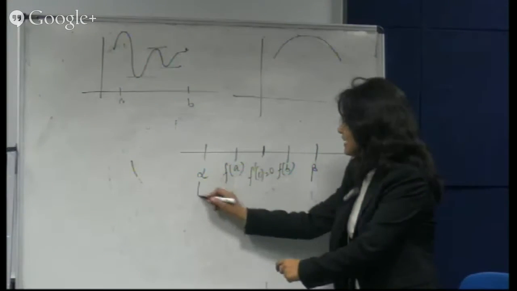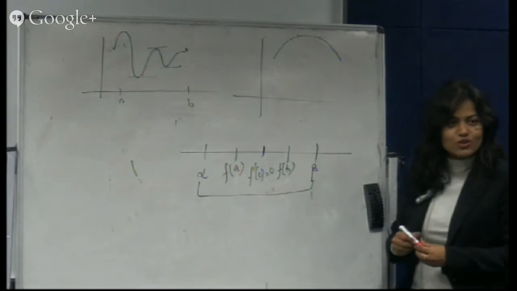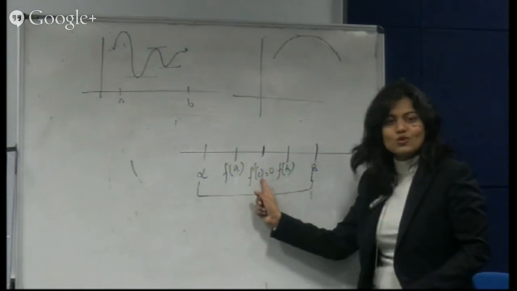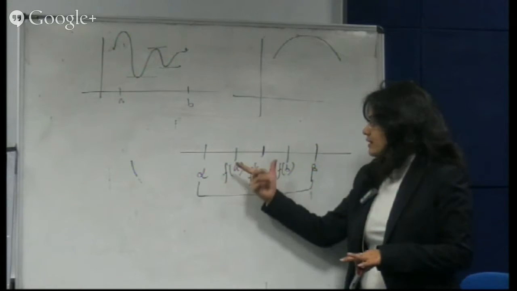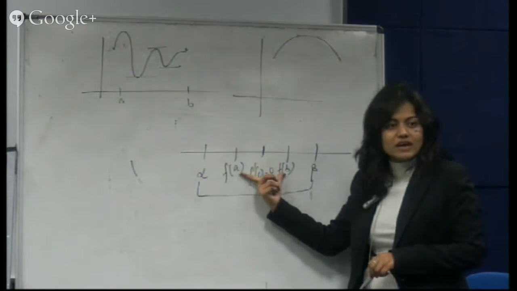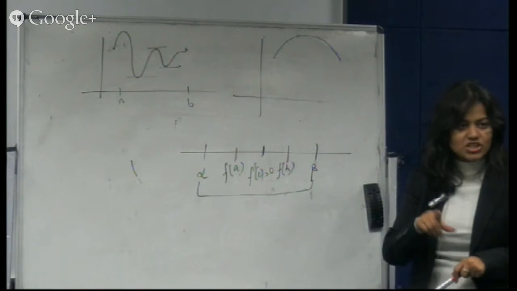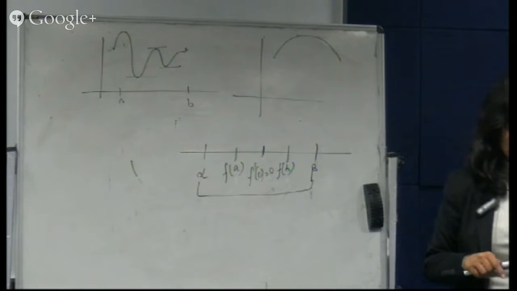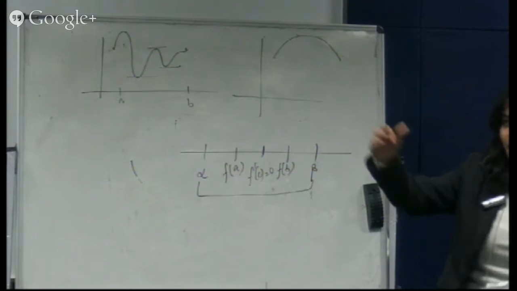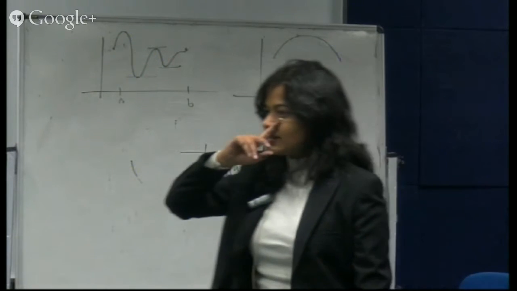But we said that alpha and beta are consecutive roots, that is, between them there is no further root of f'. So what it means is that you cannot have more than one root of the function between two consecutive roots of f'. Okay, so some problems can be asked based on this. Please, next slide.